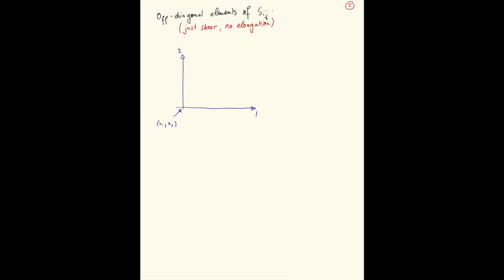And we'll consider two orthogonal fluid line elements of the length delta x2 and delta x1. And we will look at how they rotate towards each other under shear flow.